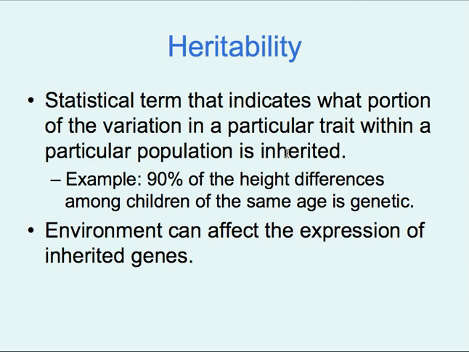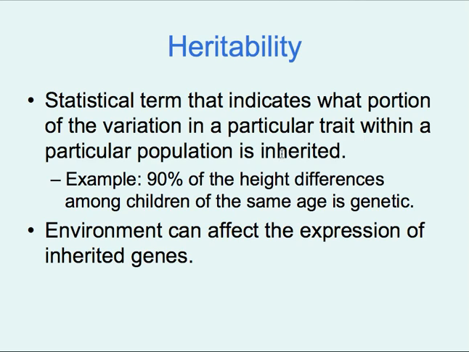There are a few other ways I could state this, but what it's basically telling us is that some of the variability that we see between people, let's say in their height, can be explained by genes, and some of it can be explained by the environment.